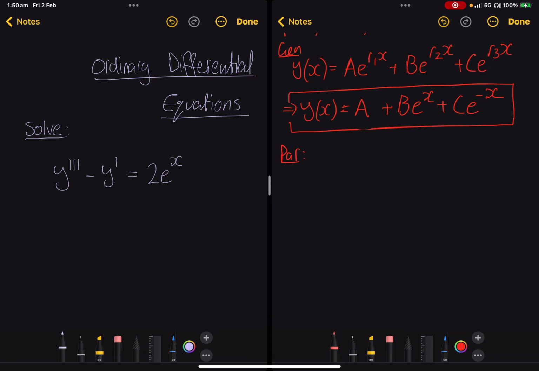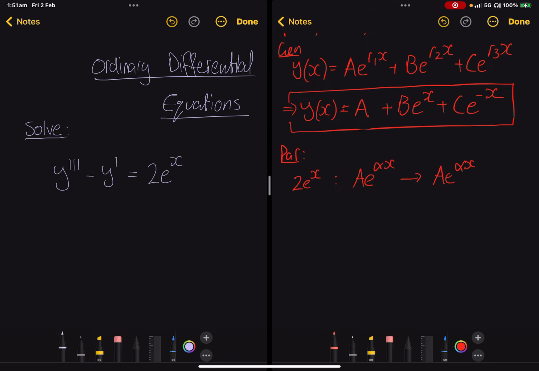The way we determine a particular solution is we look at the term on the end. We look at the 2e to the x, and we try and guess based on this what a possible solution might be. Now for anything of the form a e to the alpha x, a standard guess is a e to the alpha x.